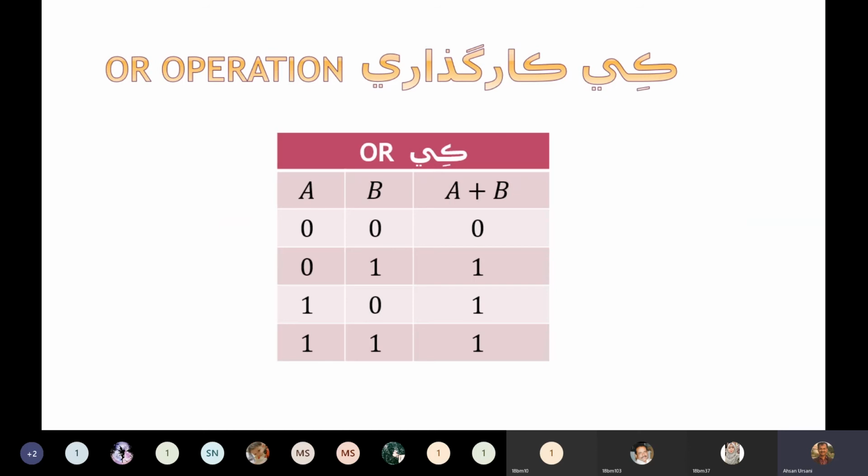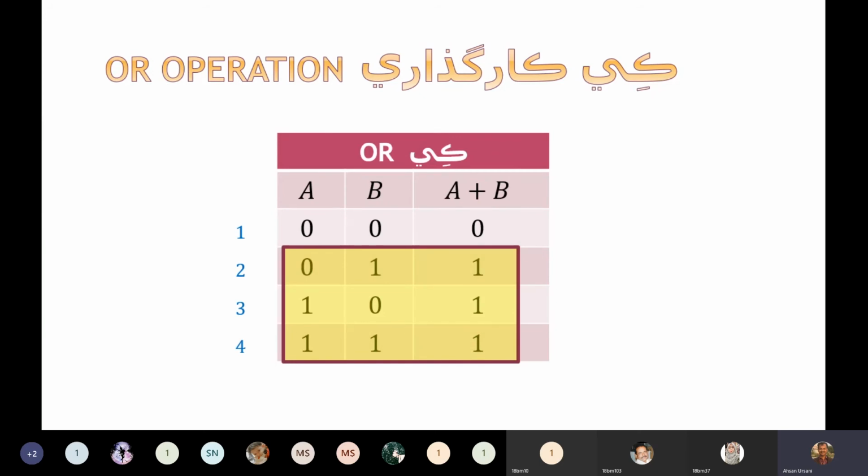Another is the OR operation. The OR operation takes two operands, A and B, and the result is A or B. Four possibilities are there: both input operands can be 0, B can be 1, A can be 1, or both can be 1. In three out of four possibilities, output is 1.